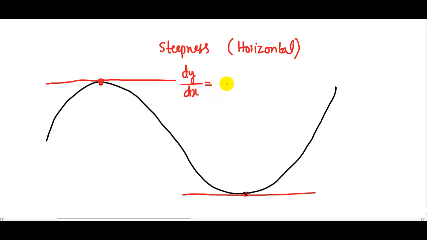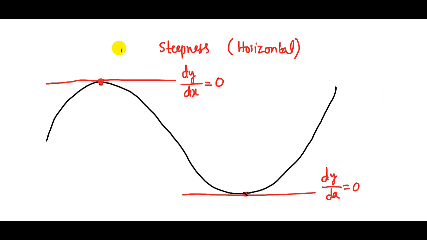Listen to me. What is the derivative? The derivative is basically the gradient. And when the tangent line is horizontal, the gradient will be 0. Are you getting my point? The gradient will be 0 when the tangent line is horizontal.